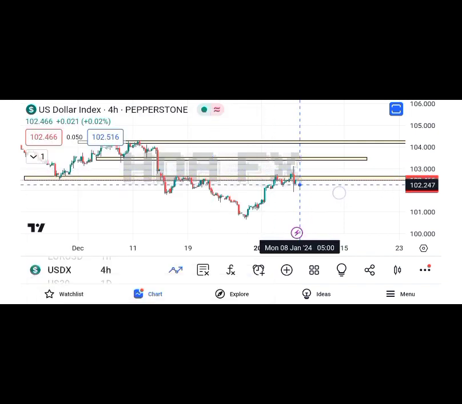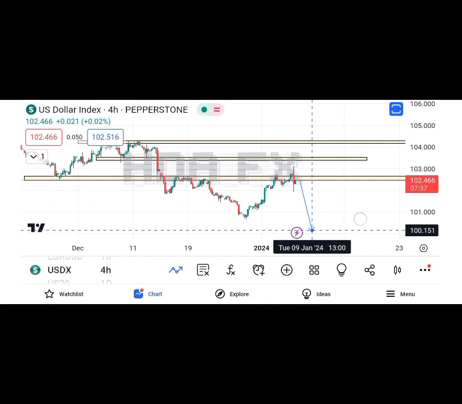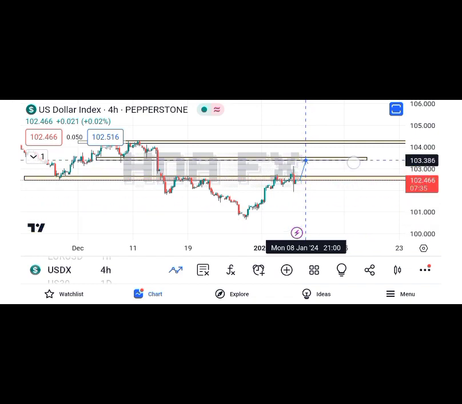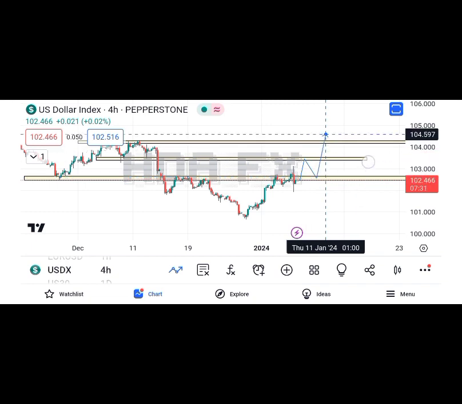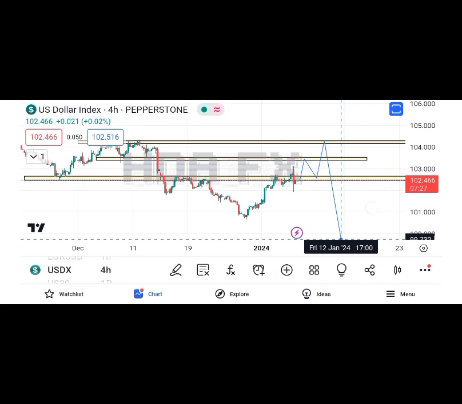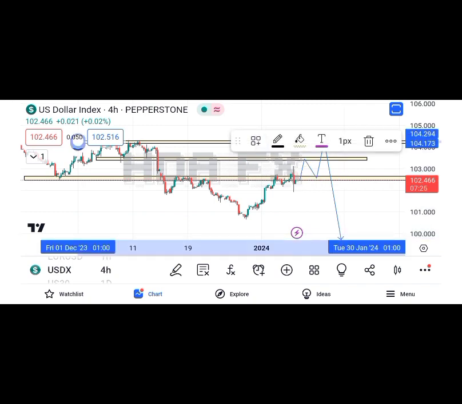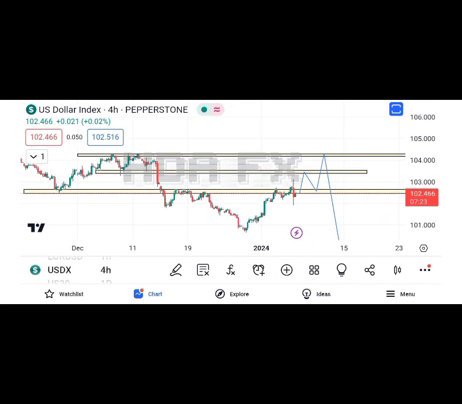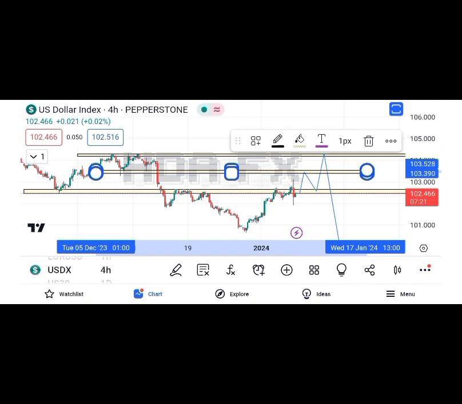In case price fails to continue downward and decides to continue upward here, we can see something like this, then like this. Then we see the downward continuation. So we need to study price carefully at this particular key zone here.